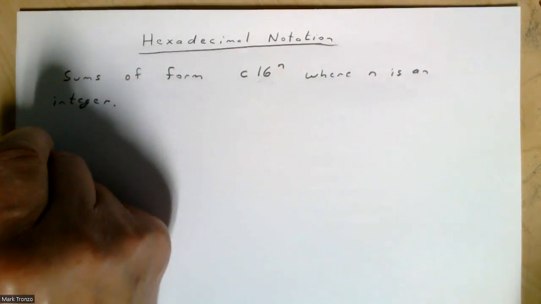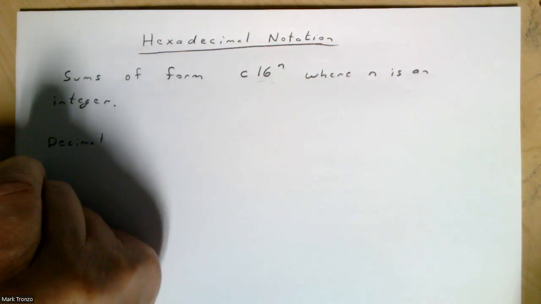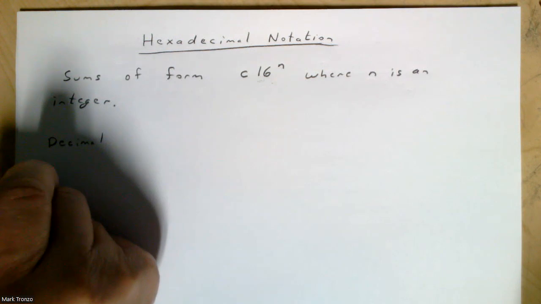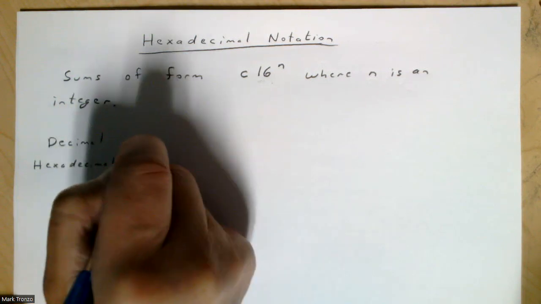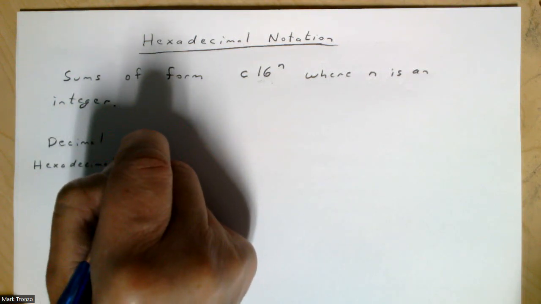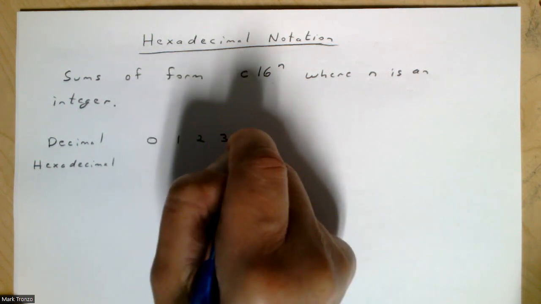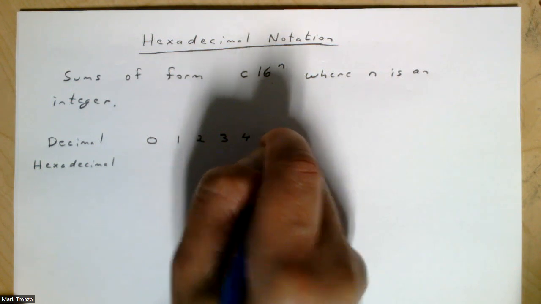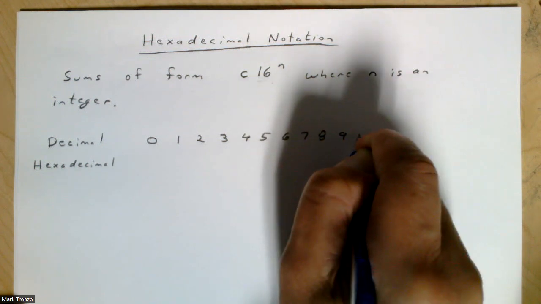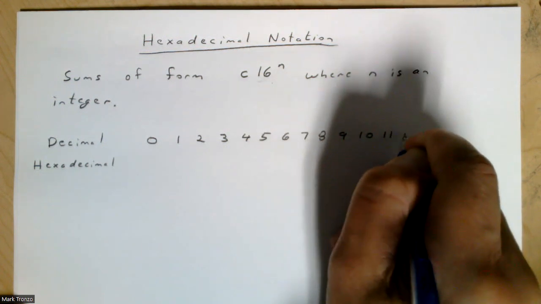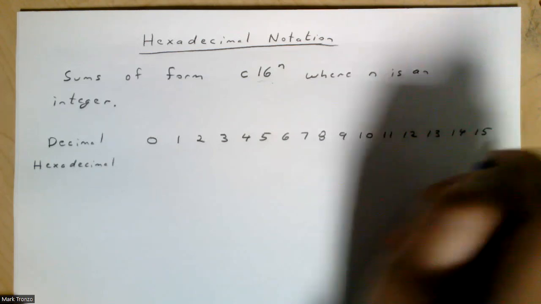So again, let's go back to decimal numbers and hexadecimal. This is going to be 0, 1, 2, 3, 4, 5, 6, 7, 8, 9, 10, 11, 12, 13, 14, 15.